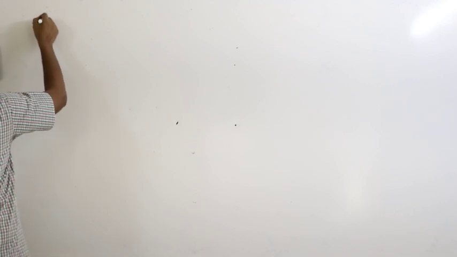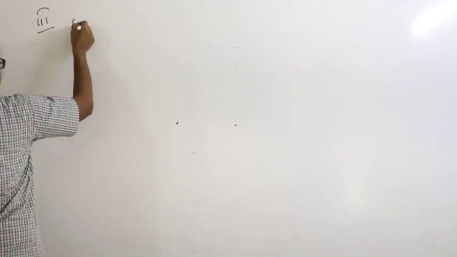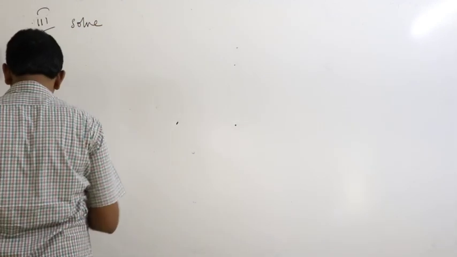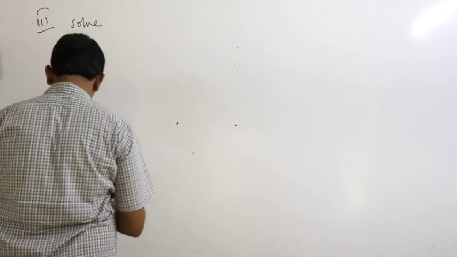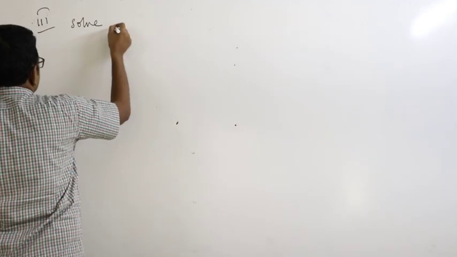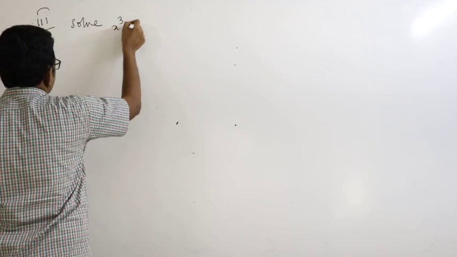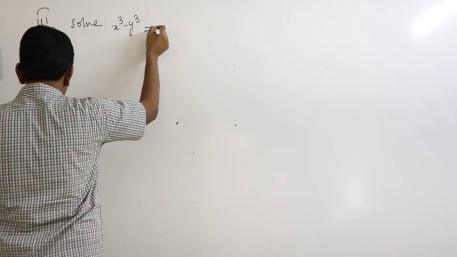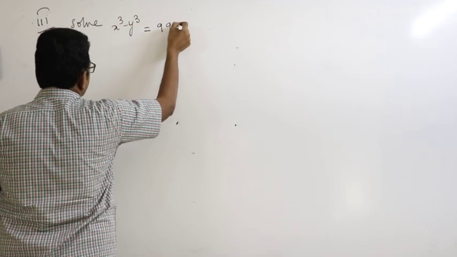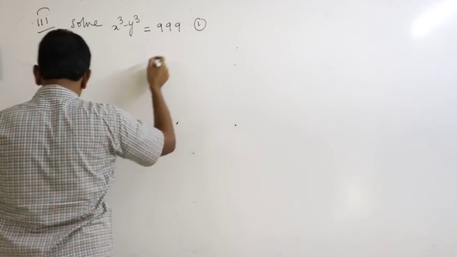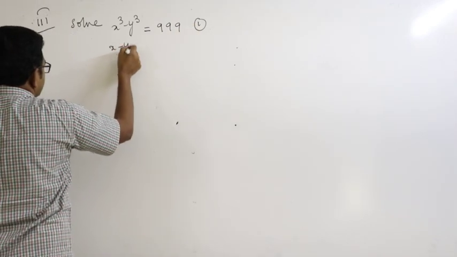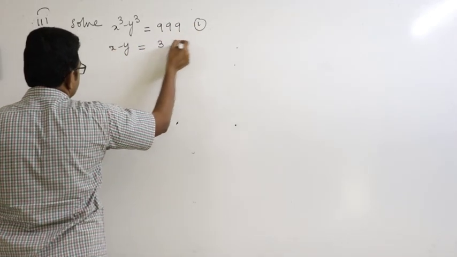Next, a different model. Solve x cube minus y cube is equal to 999 and x minus y is equal to 3.